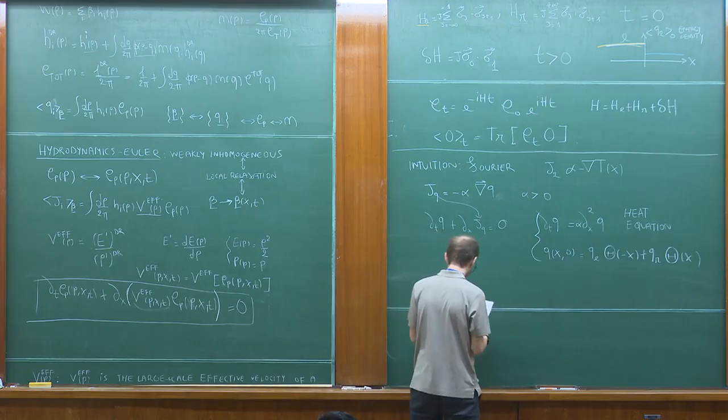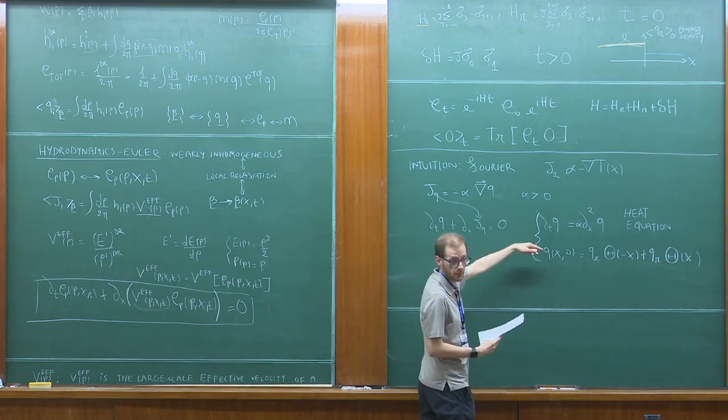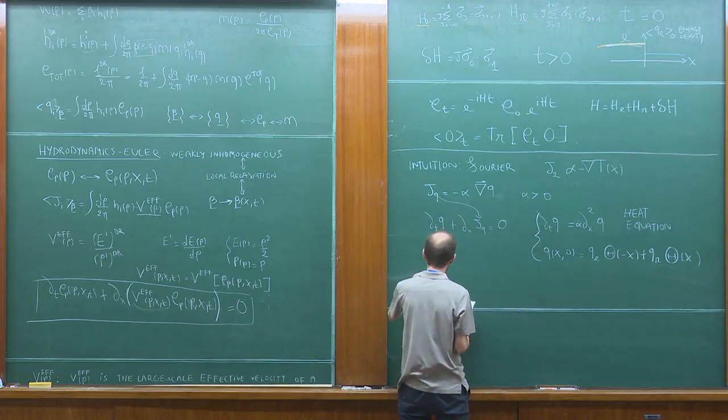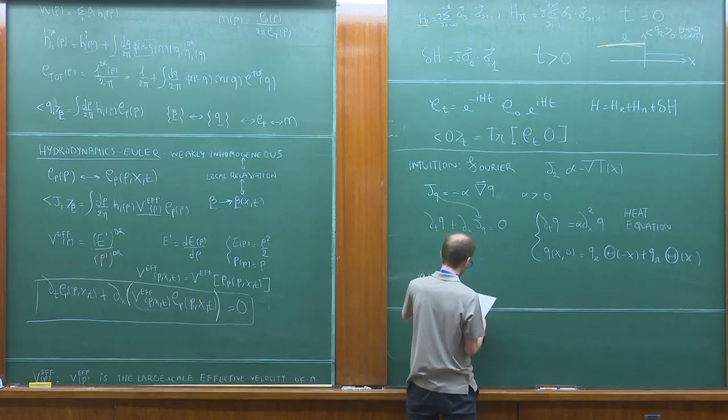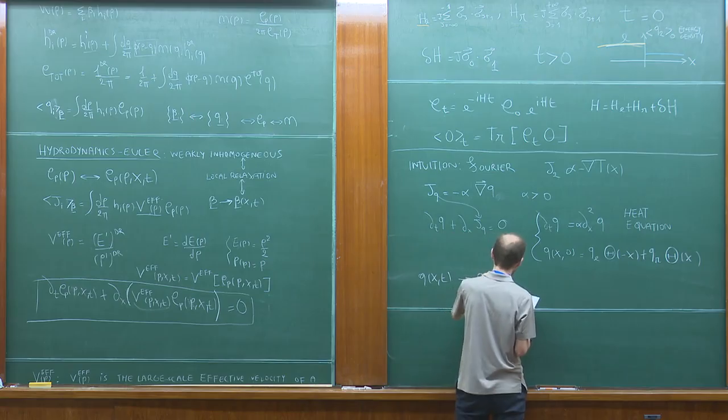But if you look at this problem, what we can see is that both the initial condition and the equation, the heat equation, are invariant under this kind of scaling.